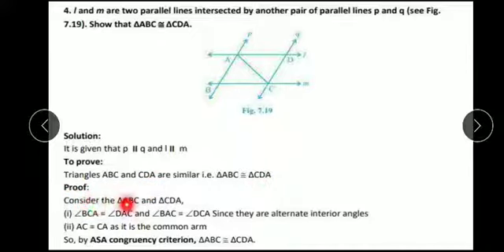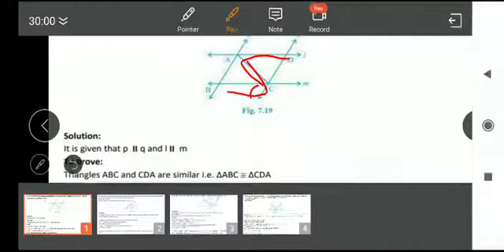Now if you see these two triangles, this angle BCA is equal to angle DAC. Got it clear?